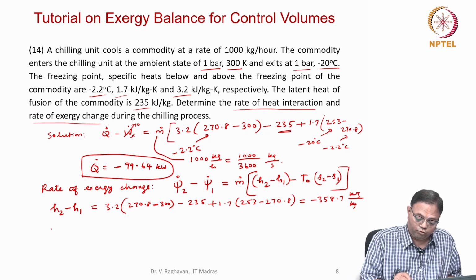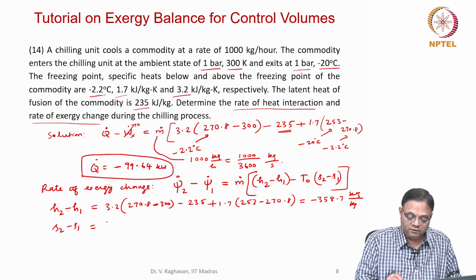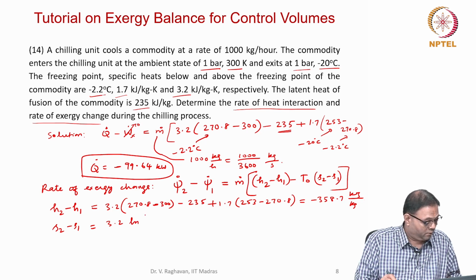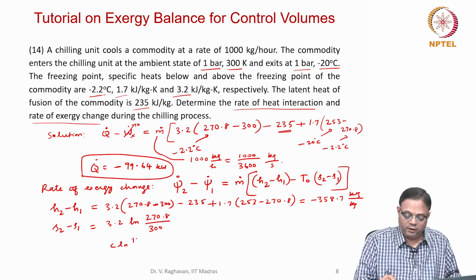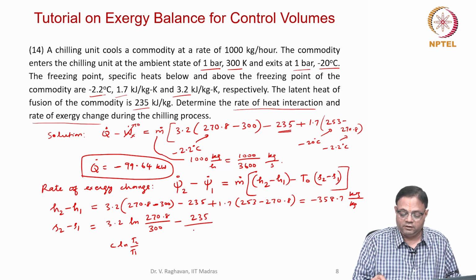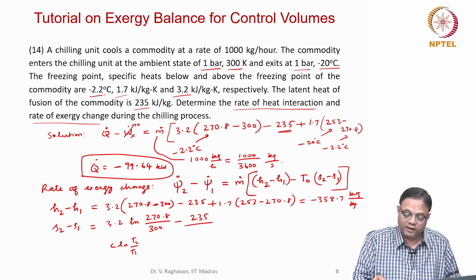Now, S2 minus S1 we can write as 3.2 into ln of 270.8 divided by 300, that is C ln T2 by T1, that is the formula. Minus, when the latent heat is removed, the temperature remains constant at minus 2.2 degrees, that is 235 kilojoule per kg is removed.